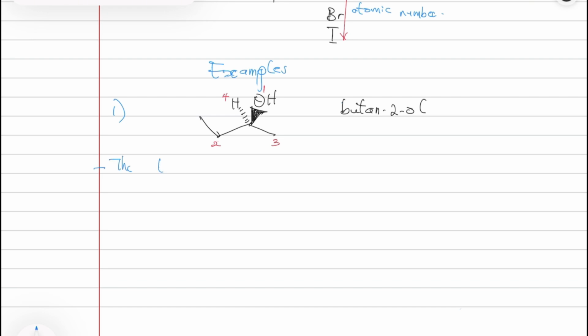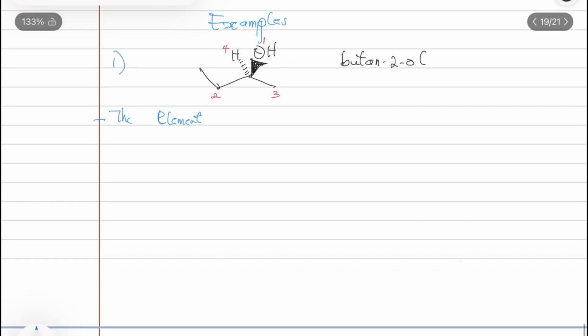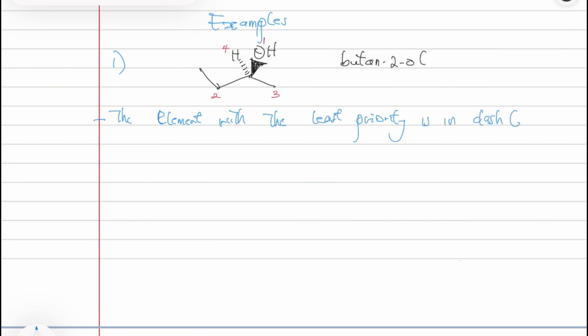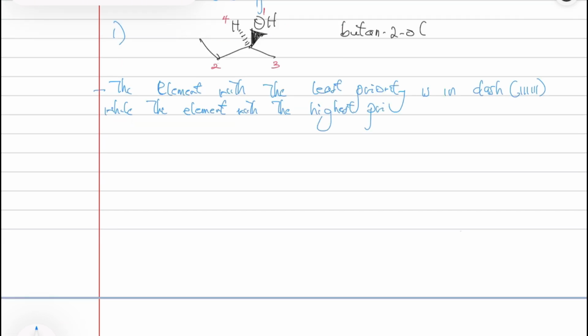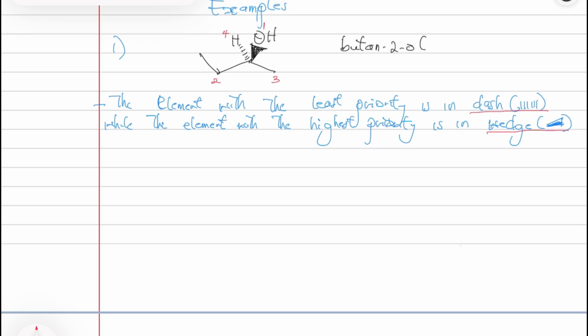Another important point we have to derive from the 3D configuration of this compound is that the element with the least priority, which is hydrogen, is in dash, while the element with the highest priority, which is oxygen, is in wedge. So for this reason, we have to assign the configuration moving from the one with the highest priority to the second priority and to the third priority.